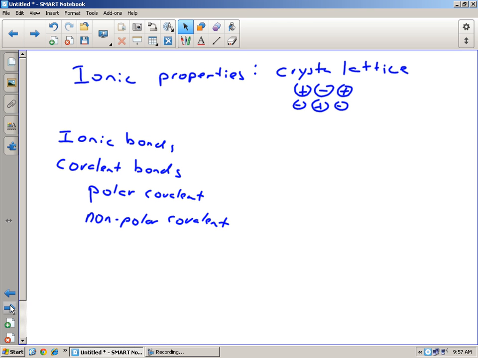Polar covalent, of course, is sharing electrons, but not equally, right? If you're looking for a polar covalent bond example, even something like this here. Polar covalent has a negative end, has a positive end, not sharing electrons equally due to a difference in electronegativity.